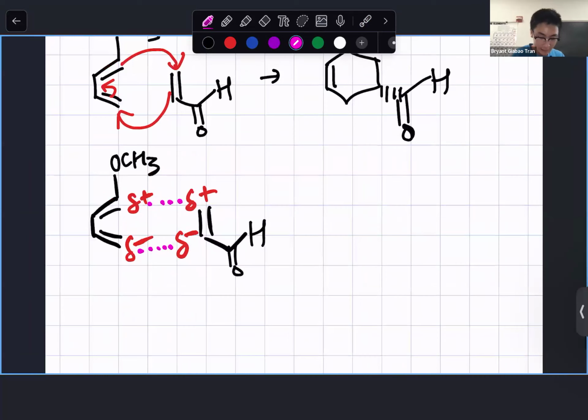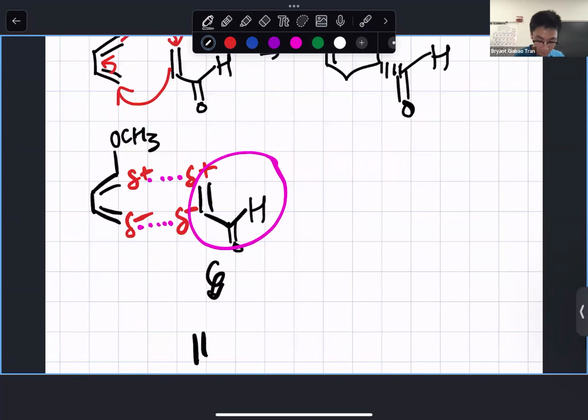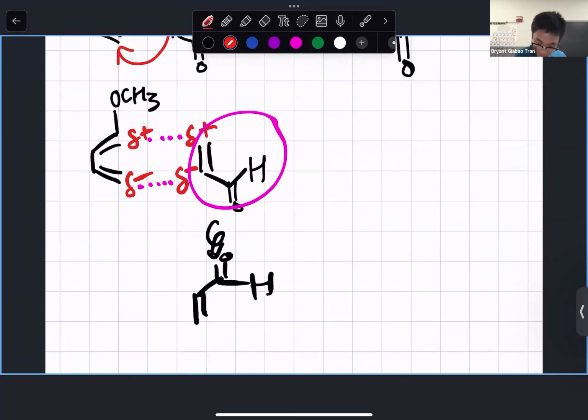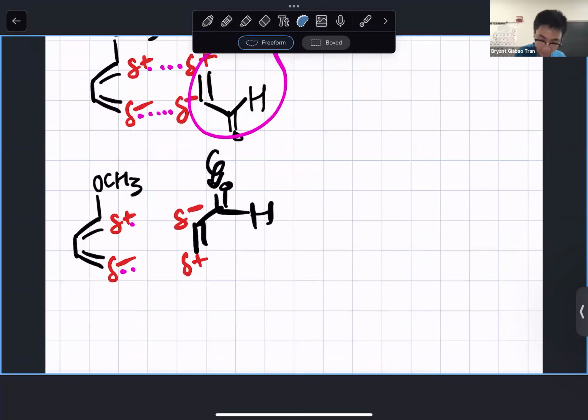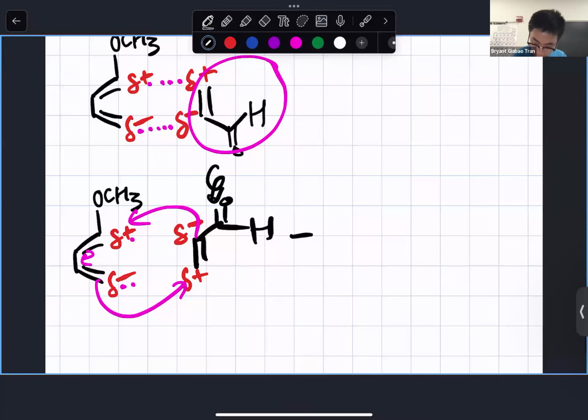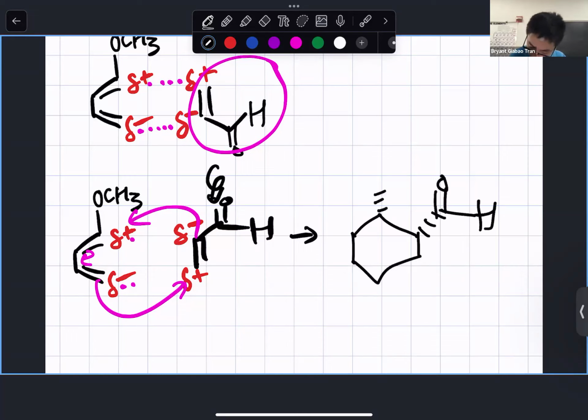What you have to do first is you have to flip one of them upside down to make them align. I like to flip the dienophile because that's smaller and easier to flip. When I flip that, now the charges will align, right? And when the charges align, we could do the correct mechanism now, which will give us the correct product on the right spot, right regiochemistry, where the aldehyde is up here and the polarization is up here, ortho to each other, right?